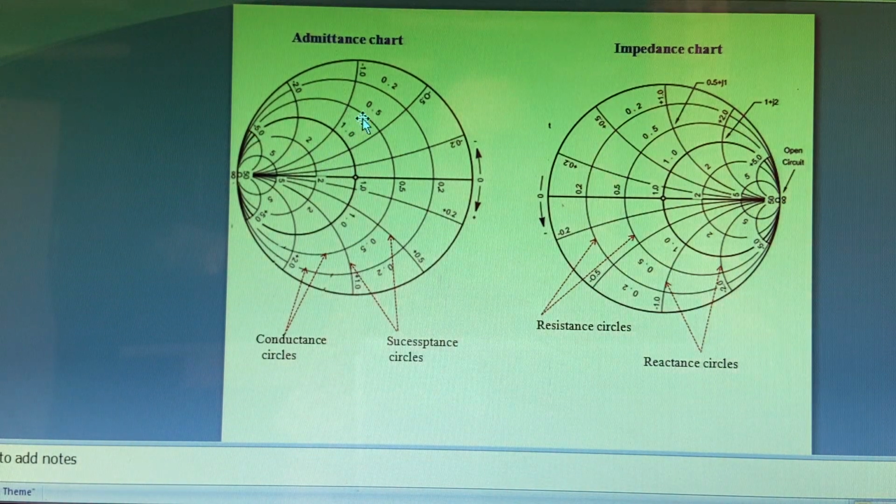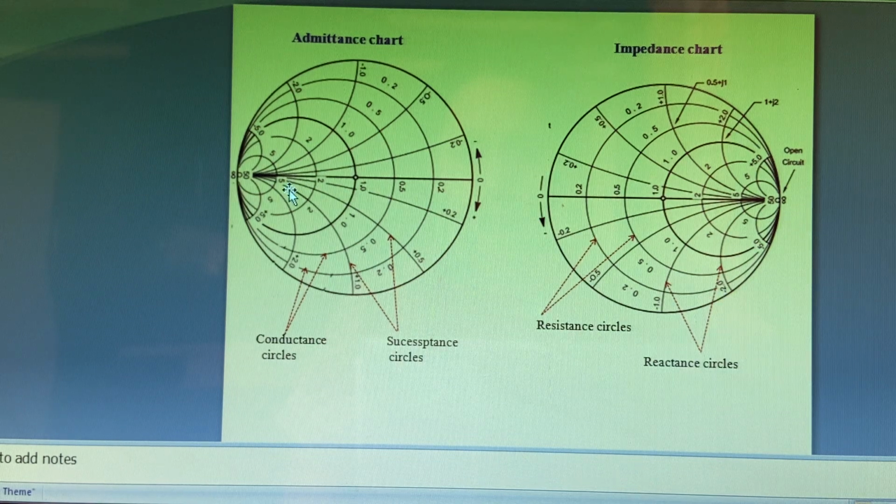The conductance circles are opposite to the resistance circles. This is the R equal to 1 circle, and the G equal to 1 circle is like this. Similarly, this is G equal to 0.5, 0.2. Here the R circles are 0, 0.2, 0.5 like that. So the G circles are opposite to the R circles.